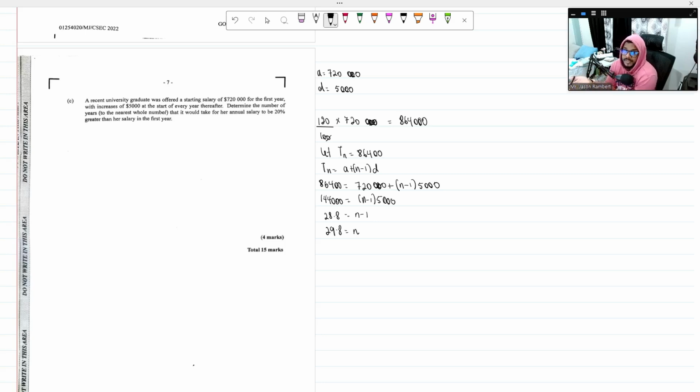It will take 29.8 years for the salary to reach $864,000. But they did say to the nearest whole number, so n is equal to 30 to the nearest whole number. And that's it for number 1.